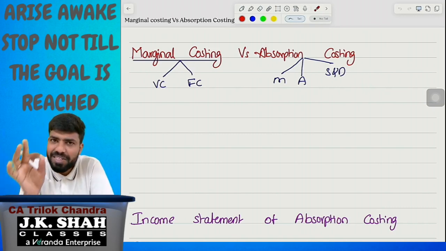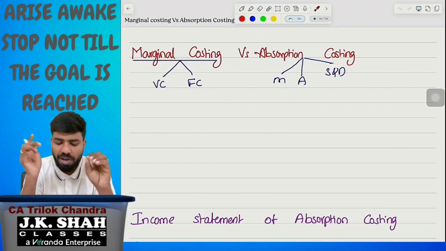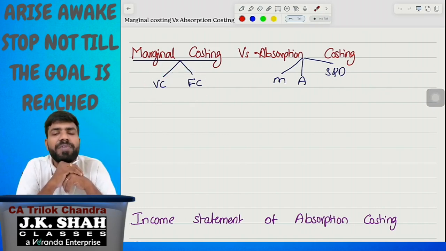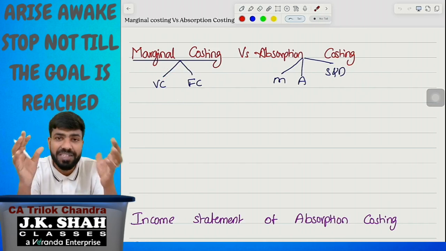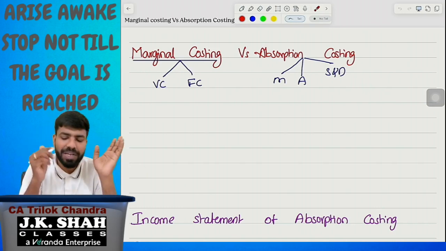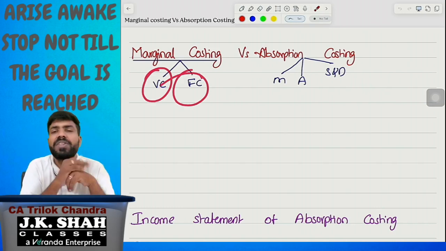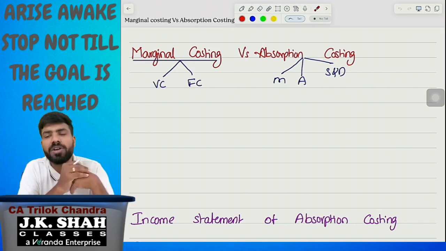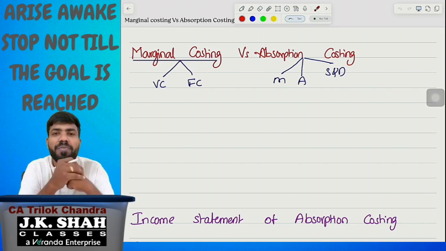When the purpose is decision making, we will classify the cost into variable cost and fixed cost. Please understand, the difference between these two cost accounting systems happens because of the cost classification. In case of marginal costing, decision making is the purpose, so they classify the cost into variable cost and fixed cost. When it comes to absorption costing, the main purpose is stock valuation and profit calculation.